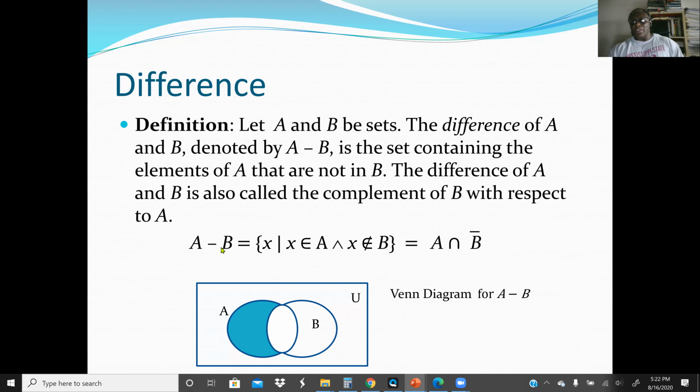And also we can say the answer will be B, because again, we want all the elements that are in A, but not in B. So A minus B is like a complement of B, but with respect to A, not with respect to the universal set. When we talk about complement, we always make it with respect to the universal set. But A minus B means everything that is in A but not in B. So it will be the complement of B with respect to A.